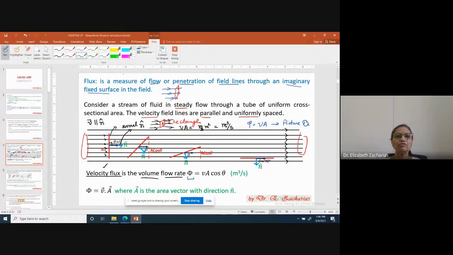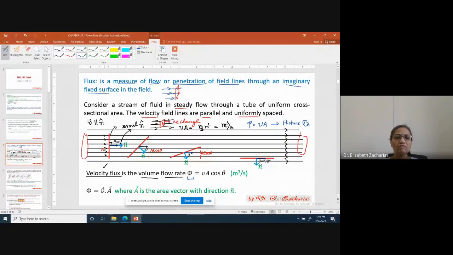So now come back to this definition, a measure of flow or penetration of field lines. So volume flow rate is the measure of penetration of field lines through an imaginary fixed surface.